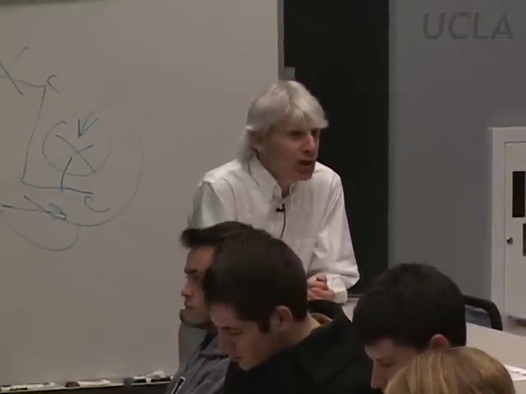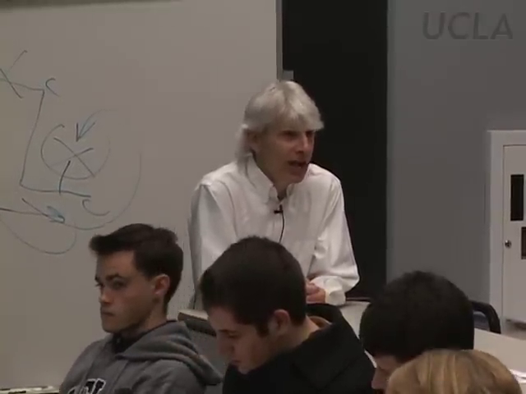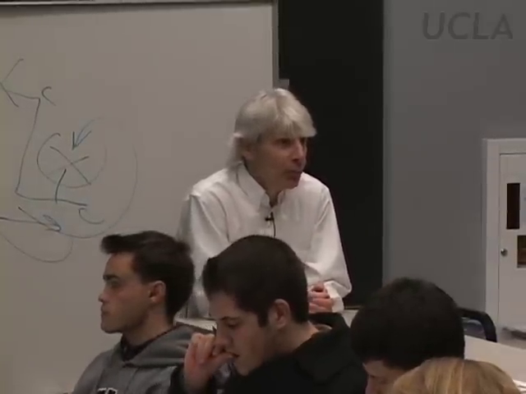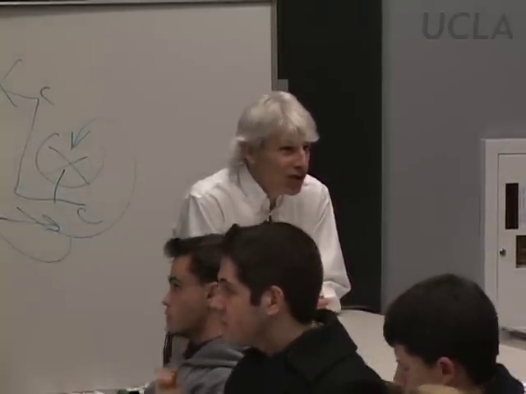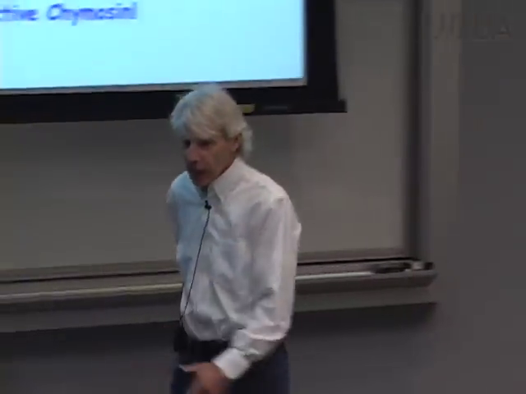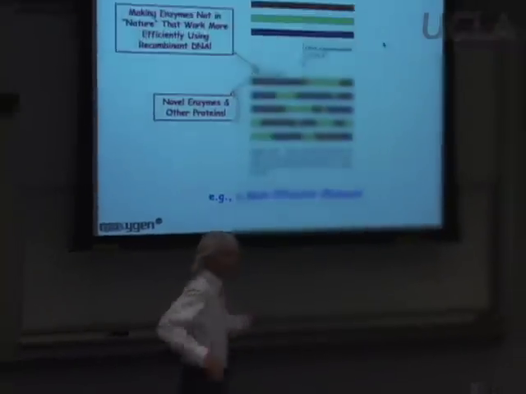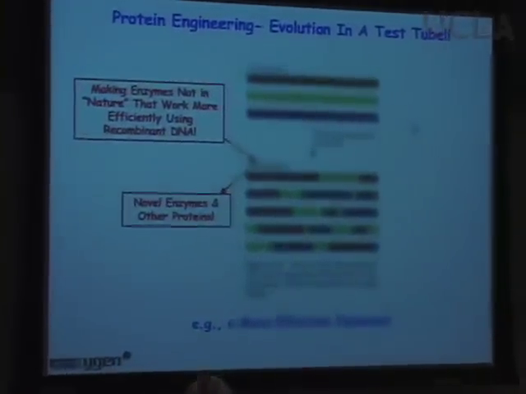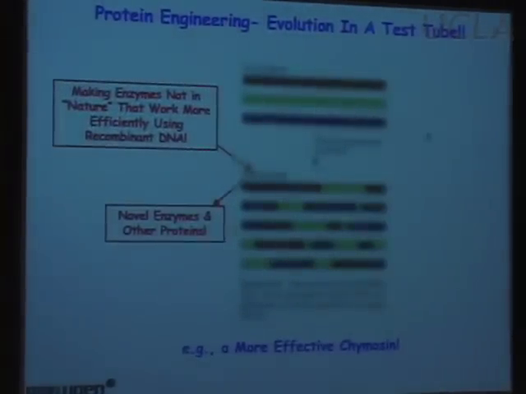And the way in which you can do that, and I'm not going to get into this in detail, I'm just throwing this out, is again another use of genetic engineering called protein engineering. And so now you design the protein in the laboratory using genetic engineering by taking different pieces of proteins that may act like chymosin. You put the DNA for those proteins together in different combinations. You shuffle them using the polymerase chain reaction.